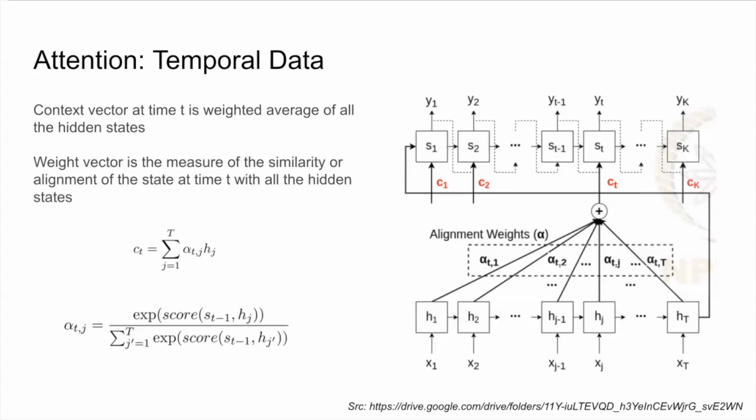Now what we're doing is trying to assign weights with respect to importance, saying that this weight is associated with this branch, and this weight is associated with this branch, and so on.